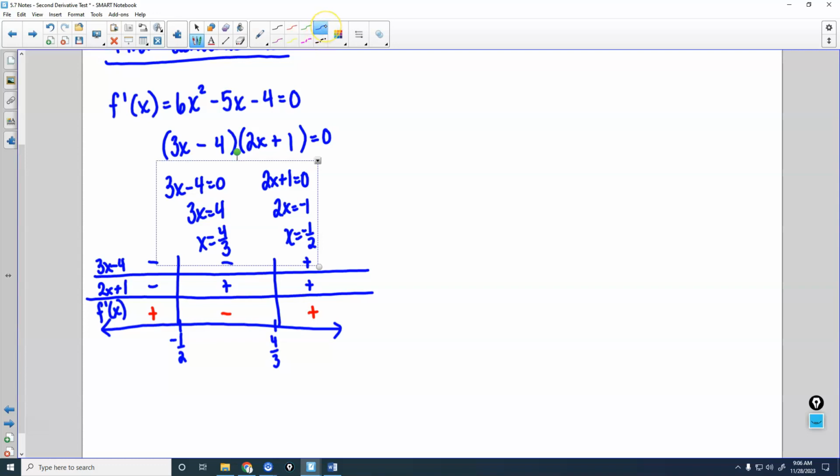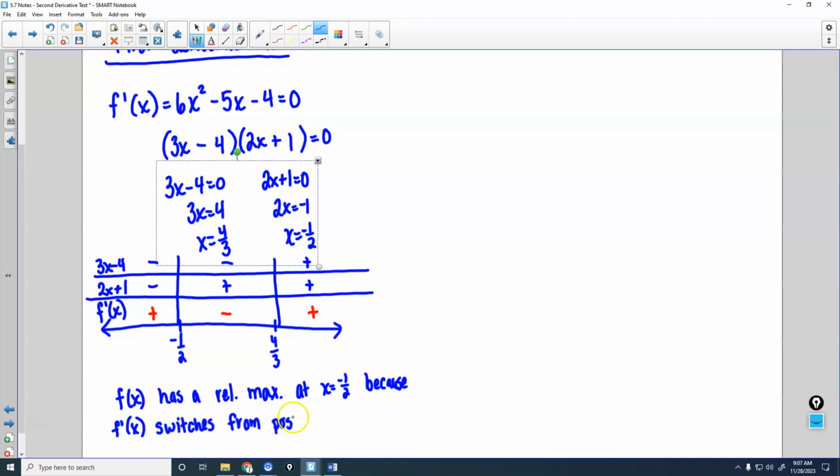And so for first derivative test, if we're looking for extrema, you would say that f of x has a relative maximum at x equals negative 1/2 because f prime of x switches from positive to negative.